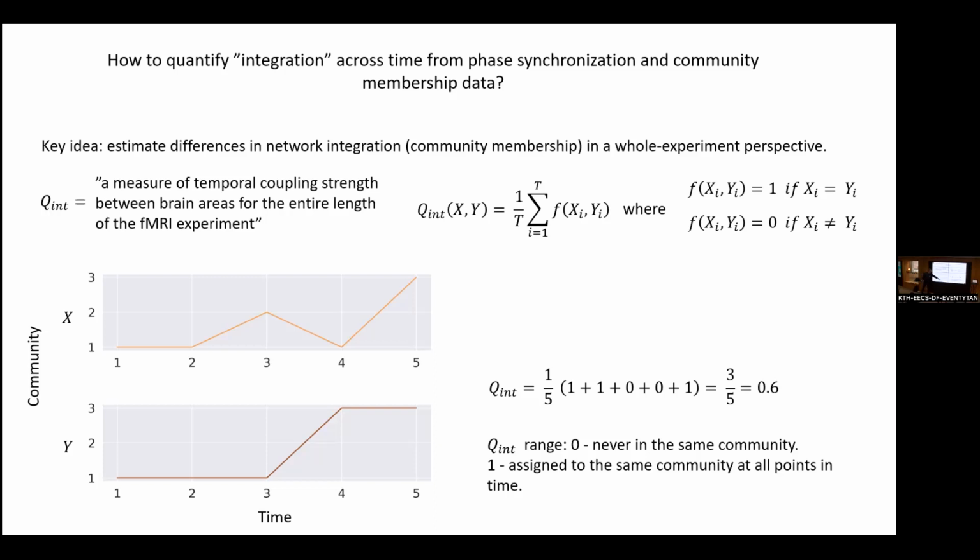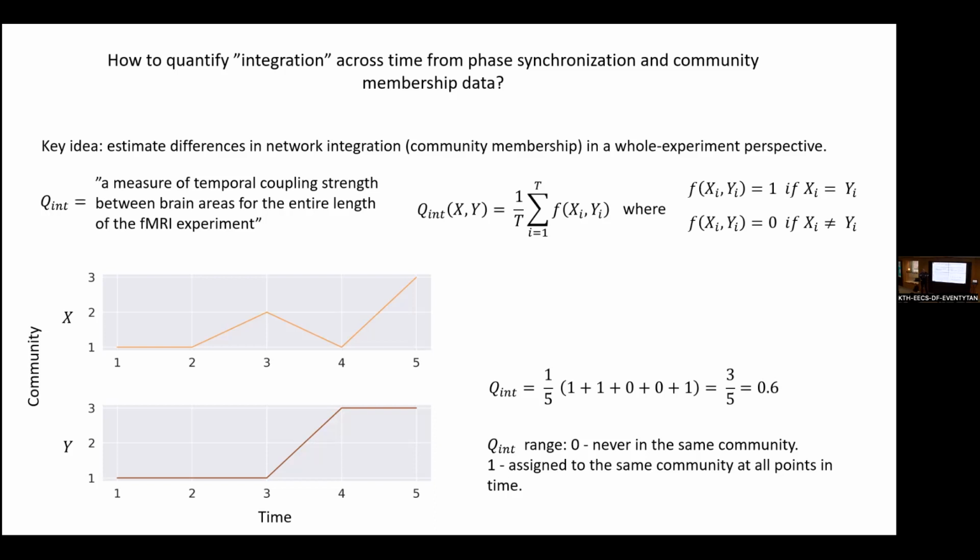Are they in different communities over here? They get a 0 because they are not in the same community. Then we sum over all time points and divide by the number of time points. So for this particular example, we get a QINT of 0.6 because 60% of the time, they are in the same community.